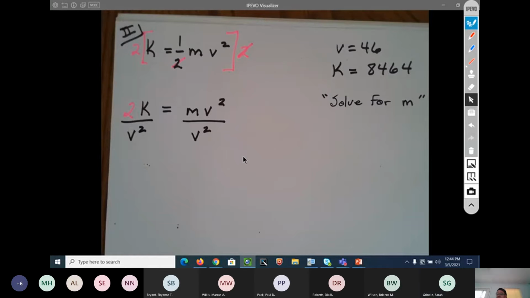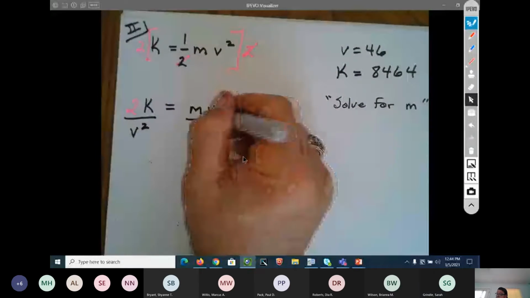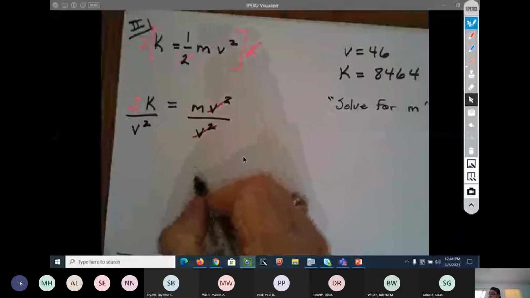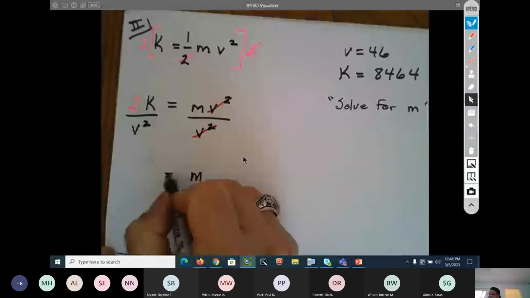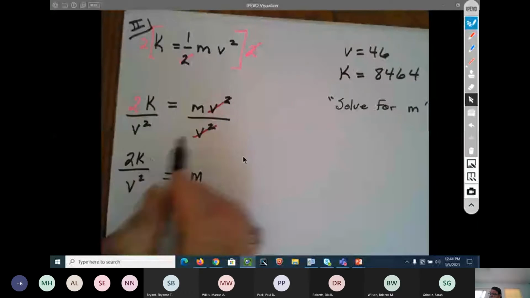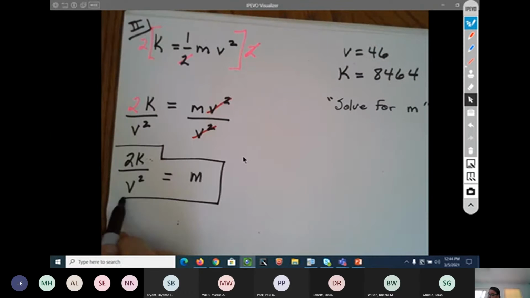And what happens to the v squareds? And you get m is equal to 2k over v squared. And they tell you to find, this one has 2 parts.